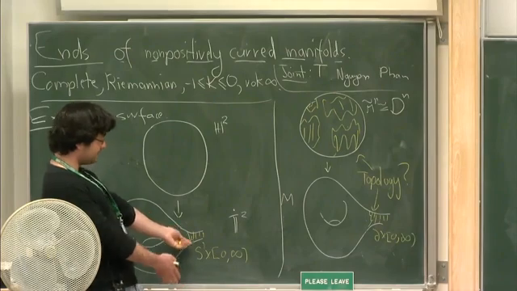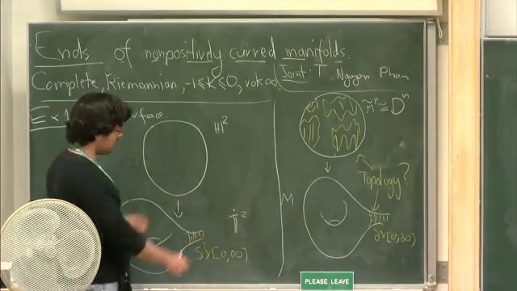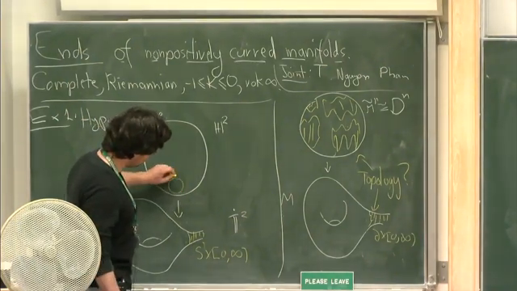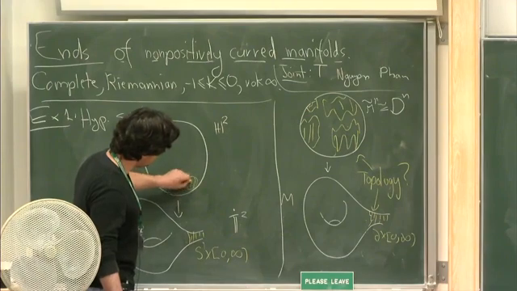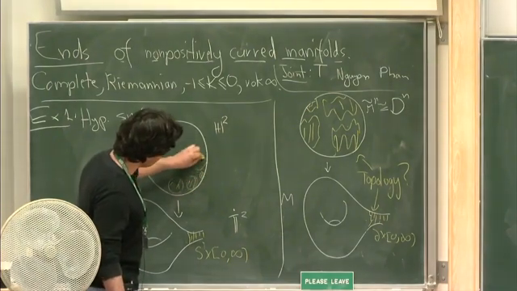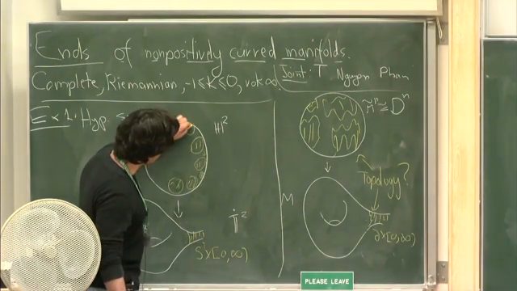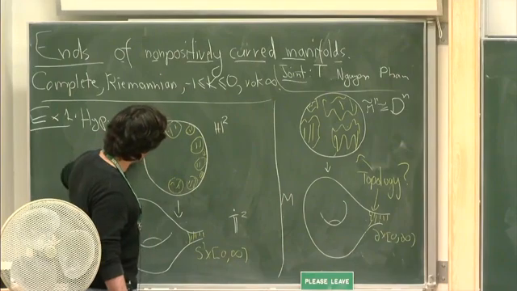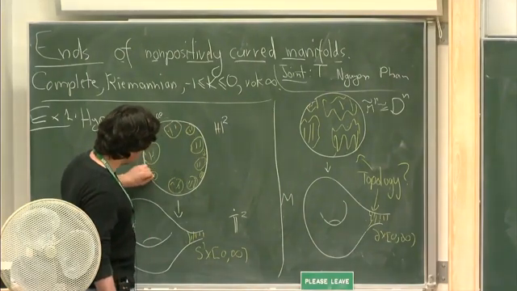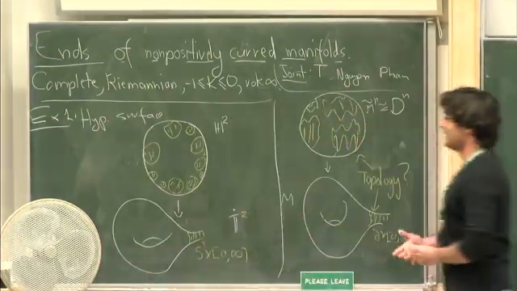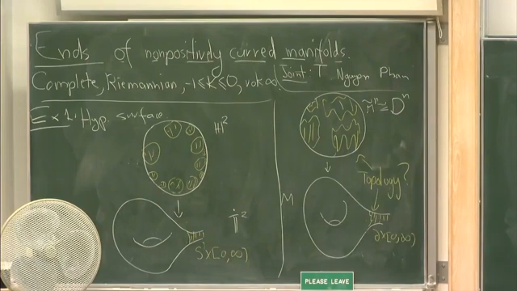And the things that lie over this end are these disks that touch the boundary in the Poincare model of the hyperbolic 2 space, which are called horoballs, or in this case maybe horodisks. And they're disjoint, and there are infinitely many of them, but I'll only draw this many. And that's all there is to say about a hyperbolic surface. Well, that's all that I'm going to say about a hyperbolic surface.